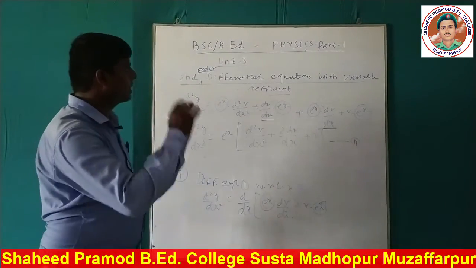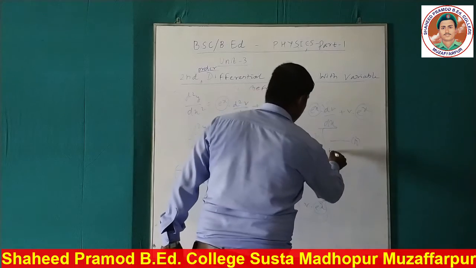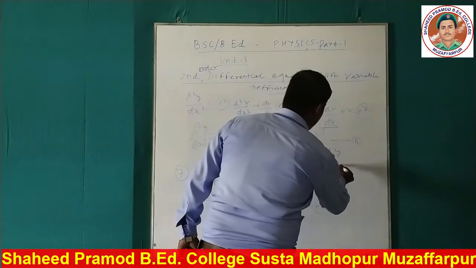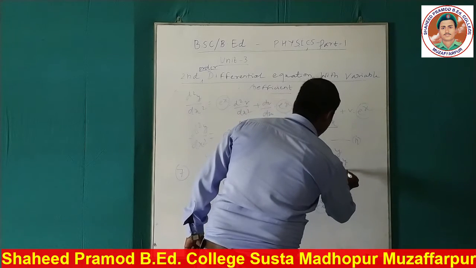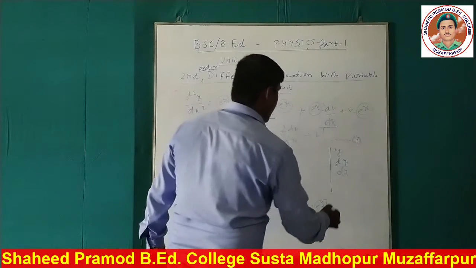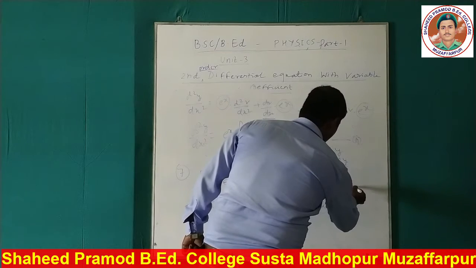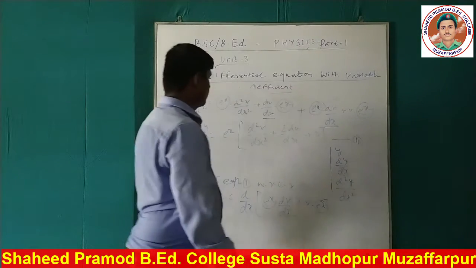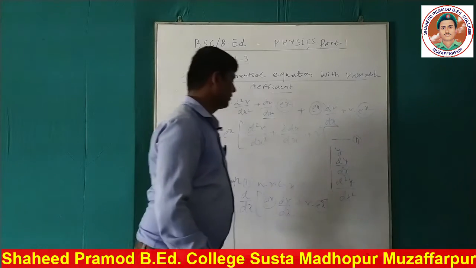Now you have got the three values. What is three values? y, then dy upon dx, that is first differentiation, and then d2y upon dx square, that is equation 6.